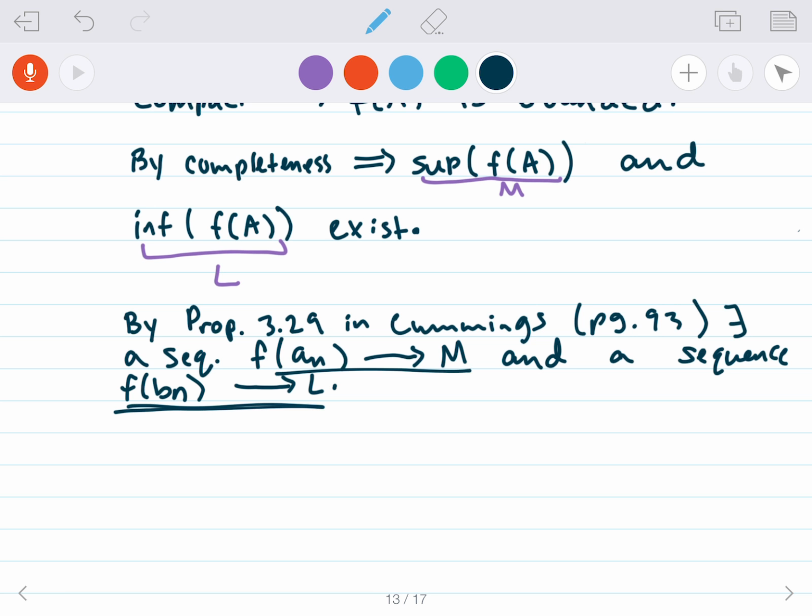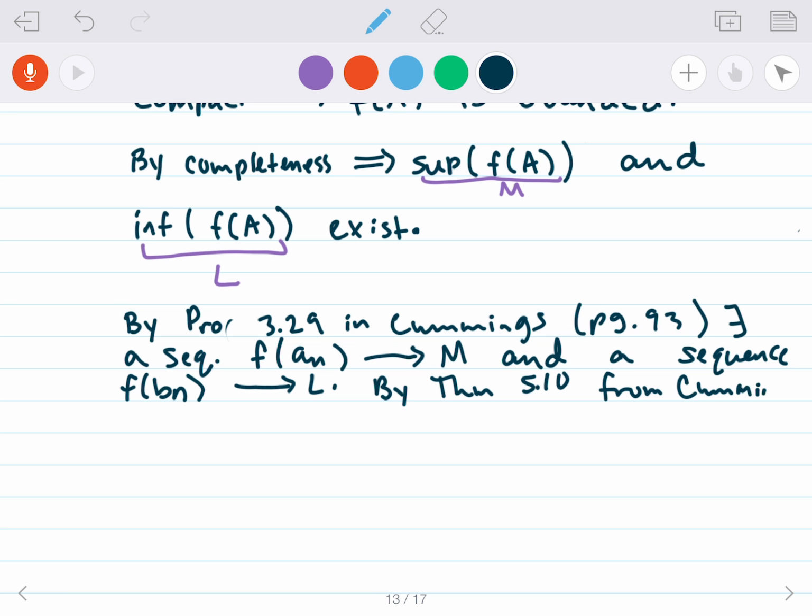That's the intuitive idea of what a limit point is. So let's write down what I just said. By theorem 5.10 from Cummings, on page 154, a set is closed if and only if it contains all of its limit points.